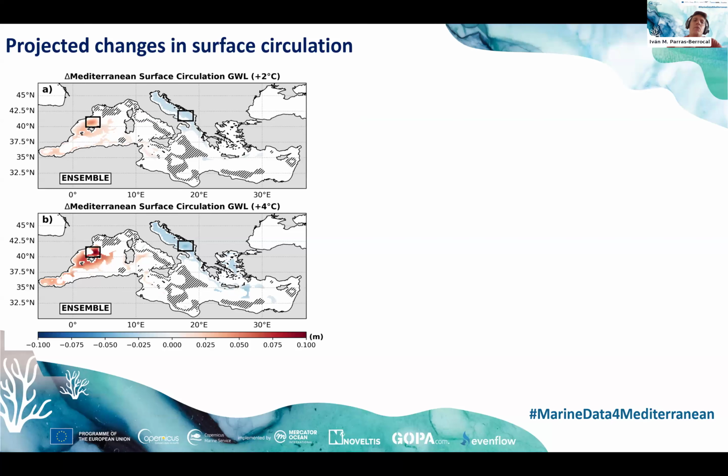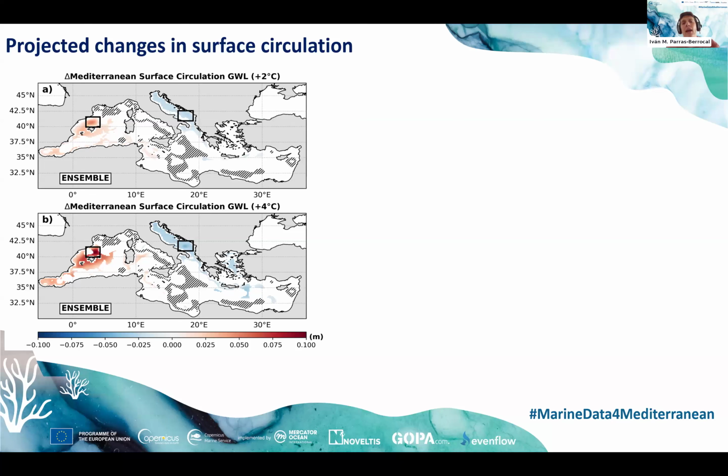Well, now if we move to the future climate, here I show you the multi-model ensemble mean at global warming level 2 and 4. To really identify robust signals, where we find robust changes, firstly, we add hatched areas to show where changes are not statistically significant.